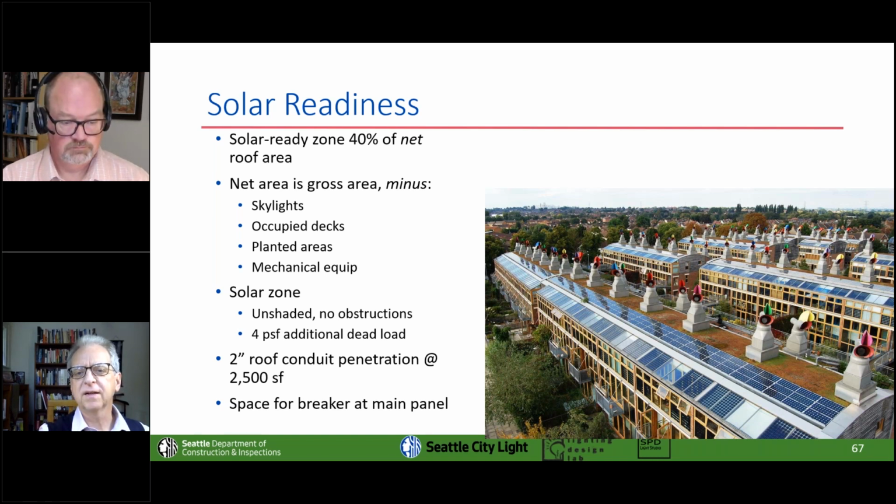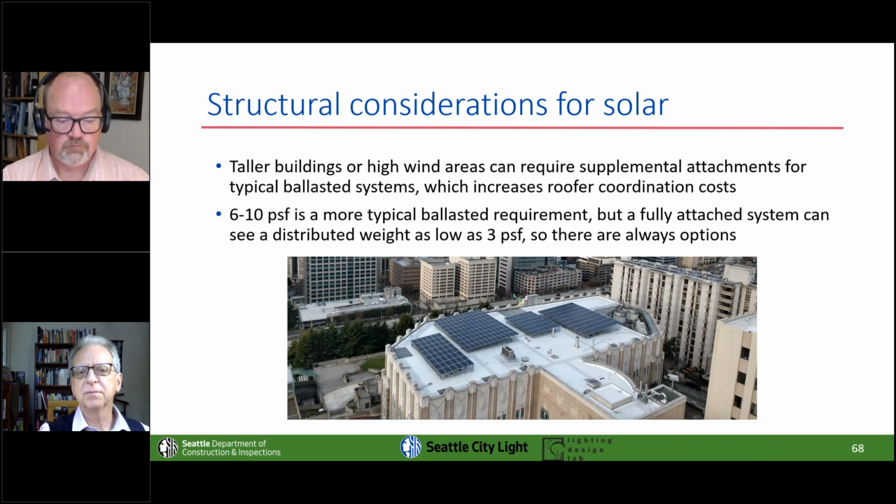And the space at the main panel, which I think we'll get to in a minute. Note that the issue is often not dead weight, but uplift, and so especially when you get to bigger buildings or buildings that are exposed to the open water or something, you need to have a sobering talk with your structural engineer.